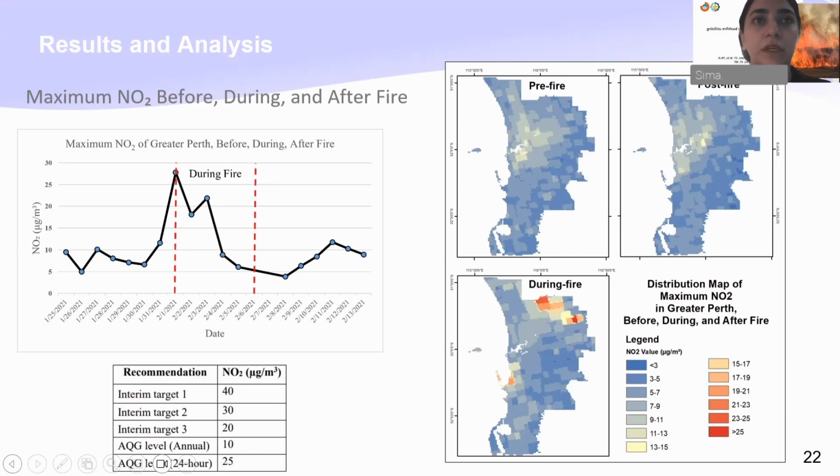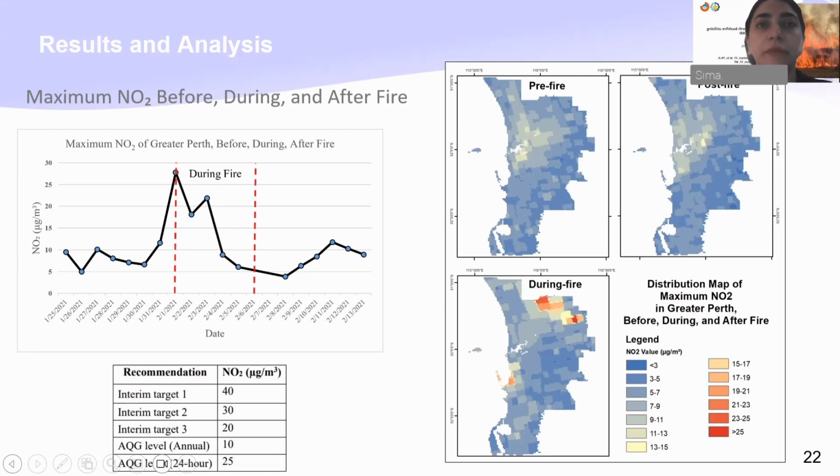Considering the maximum nitrogen dioxide values before the fire, they ranged between 3.8 and 11.5 microgram per cubic meter. The highest peak, on 31 January, reached 11.6 microgram per cubic meter.